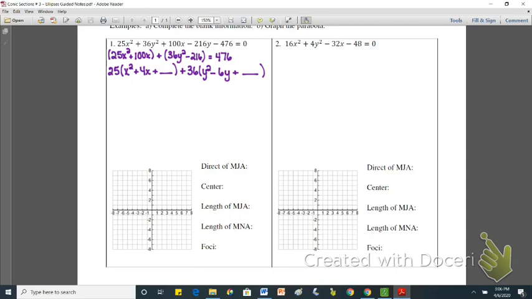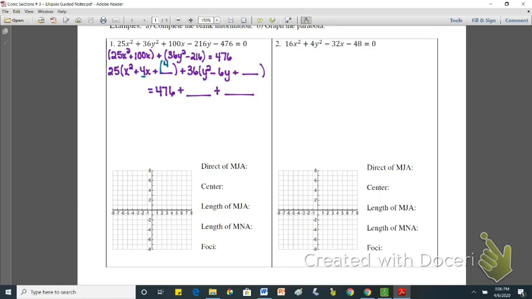So on the other side, that all equals 476. And just like before, if I add 2 blanks to one side, I need to add 2 blanks to the other to keep it balanced. So in the first blank, we fill it in just like we did before.